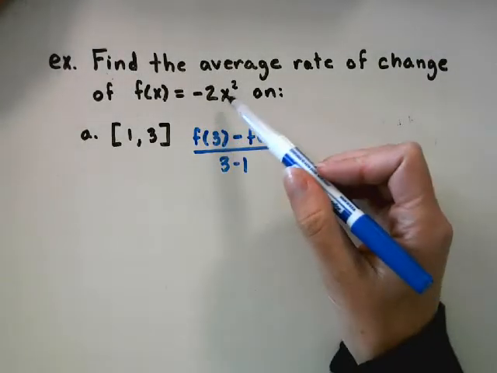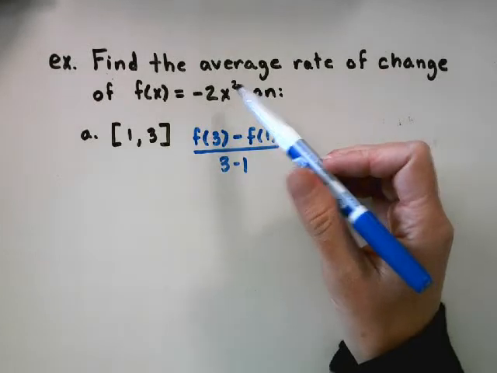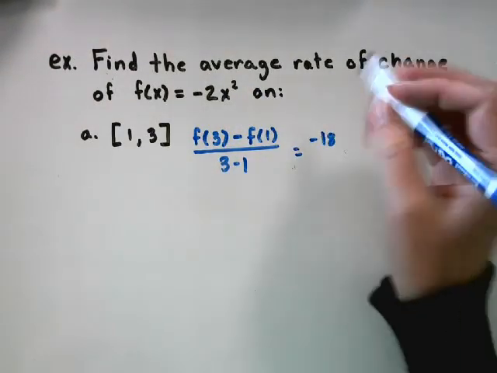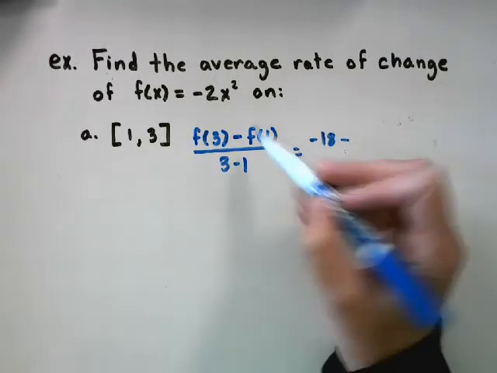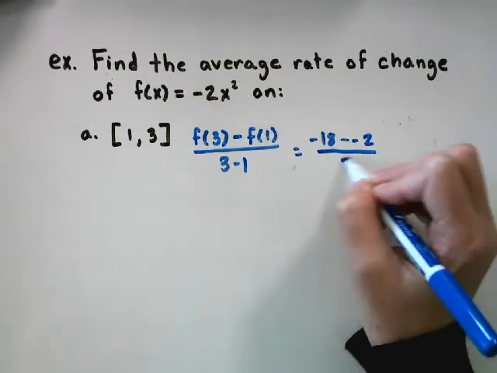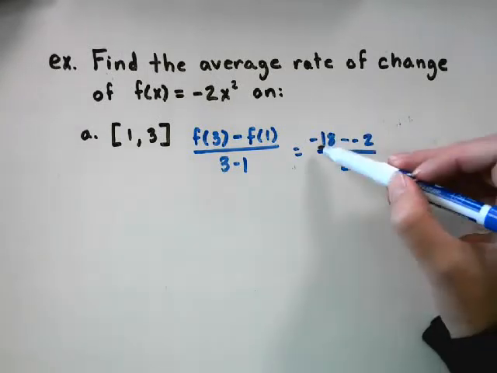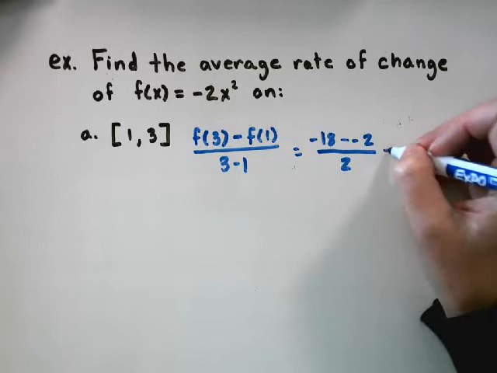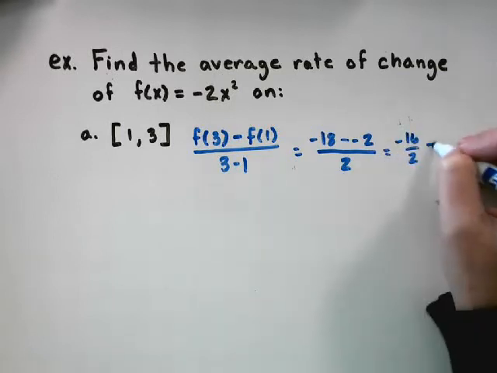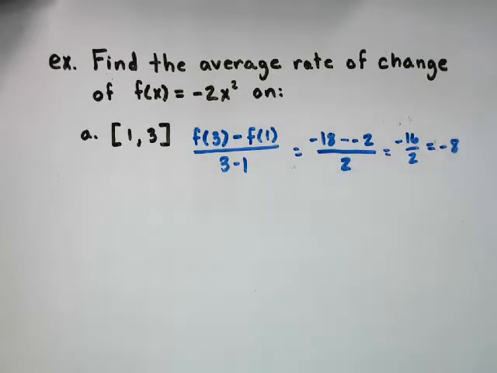So when I evaluate this function at 3, 3 squared is 9 times a negative 2 is a negative 18. Minus f of 1 is going to be negative 2 over 2. So negative 18 minus a negative 2 is going to be negative 16 over 2. So my rate of change is negative 8.